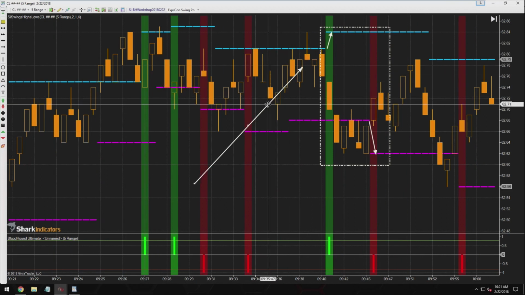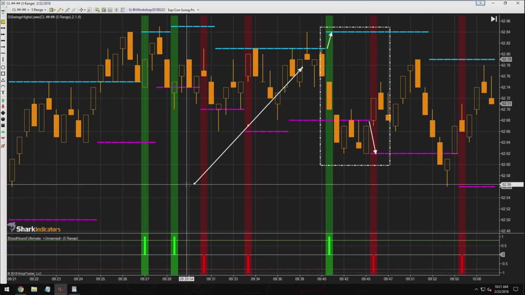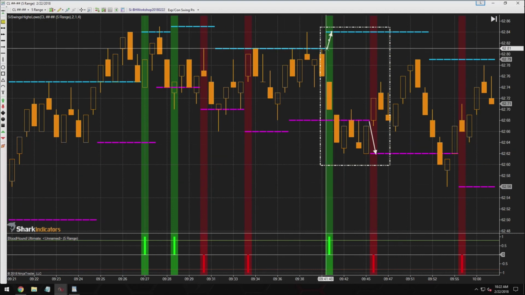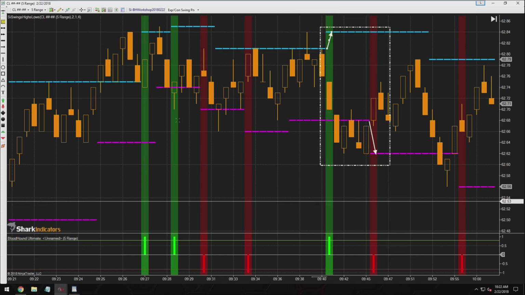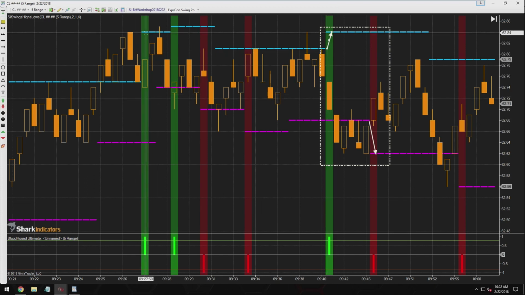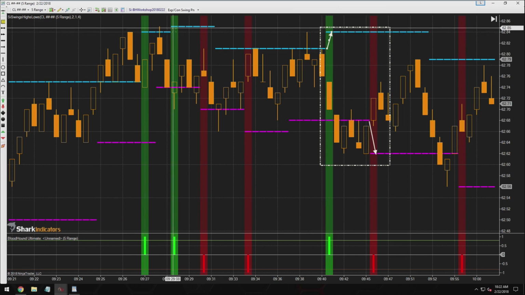So there we go. You'll notice here that when the swing high moved higher, it was identified with a long signal. When all the swing highs move higher, it's identified with a long signal.